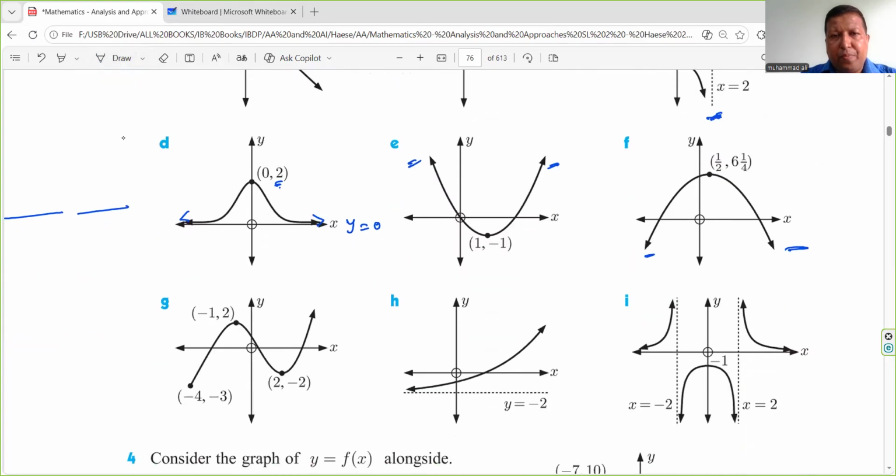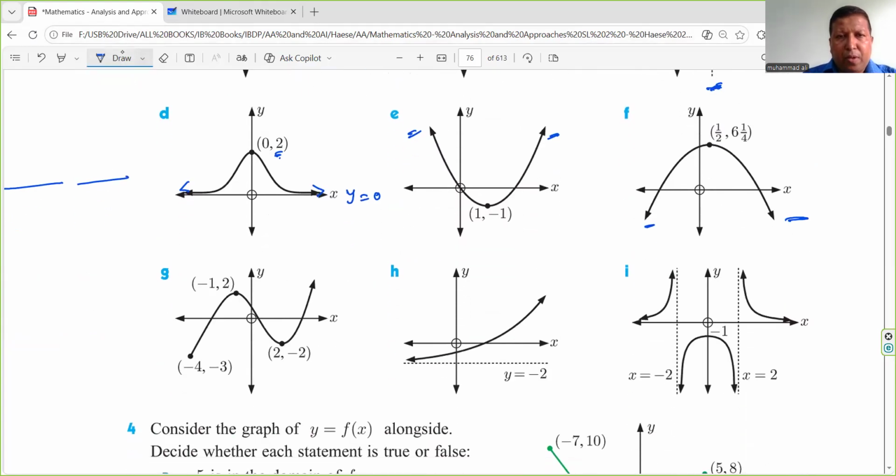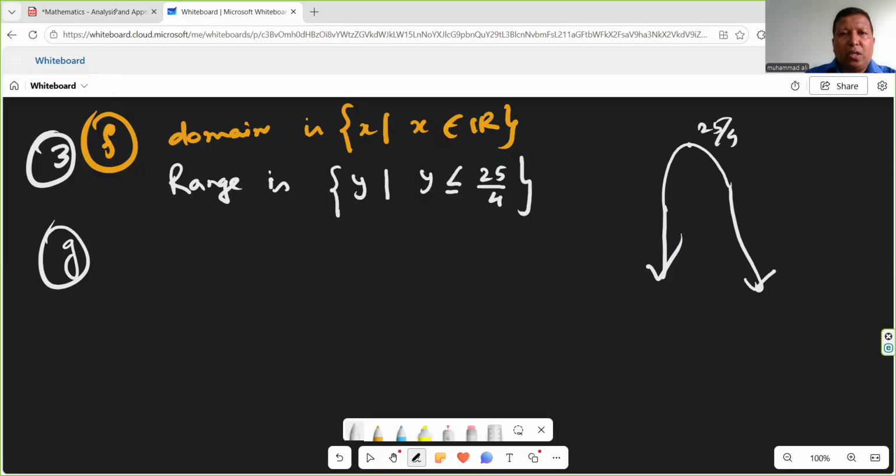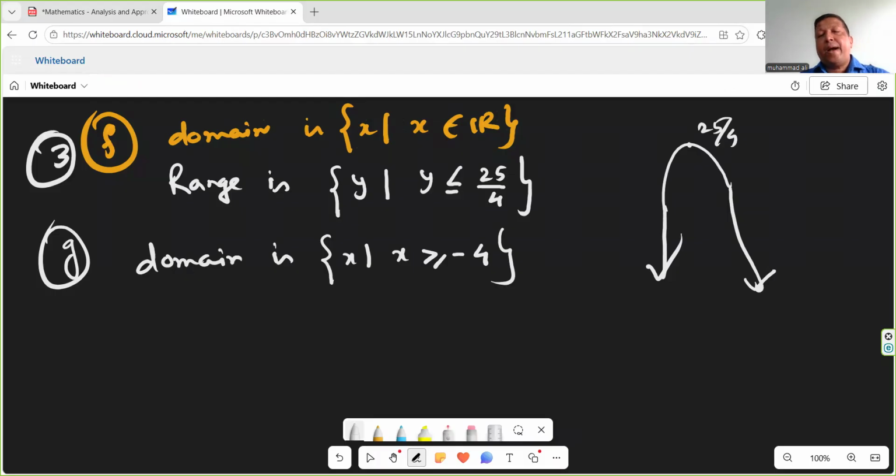Number G. If you observe, here the x value -4 is included, and x goes up to infinity. So the domain is x such that x is greater than or equal to -4. That means x is from -4 to infinity.